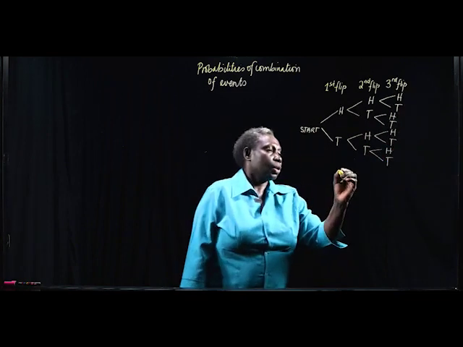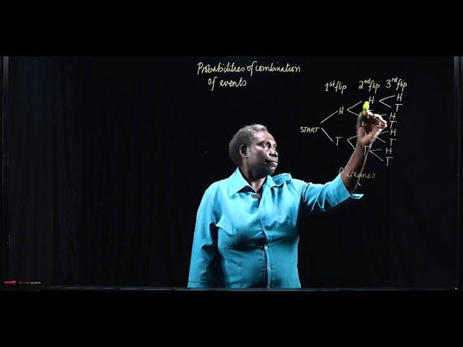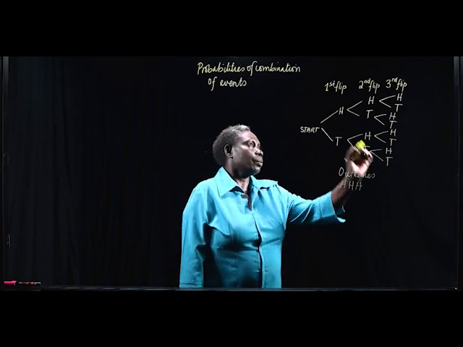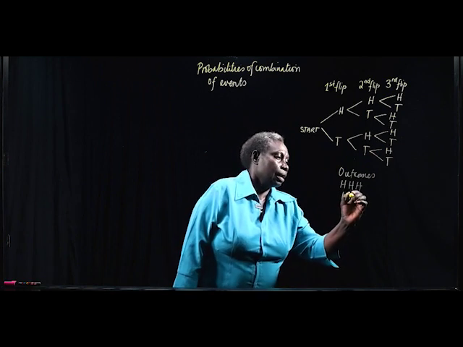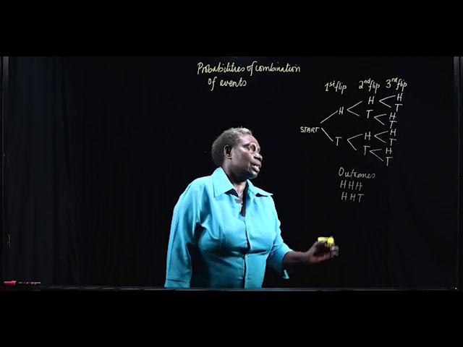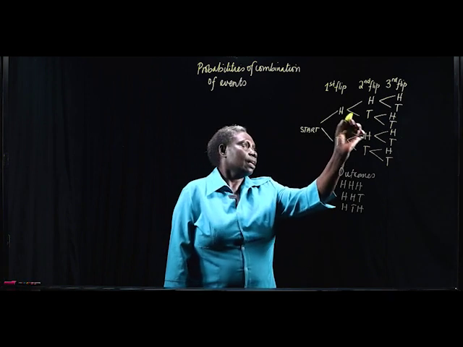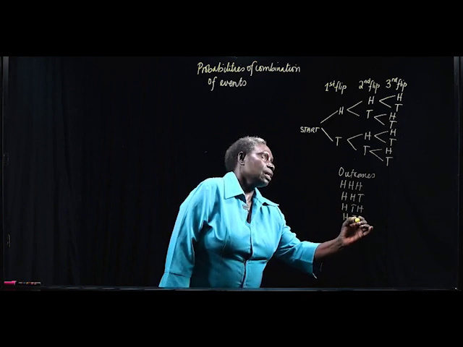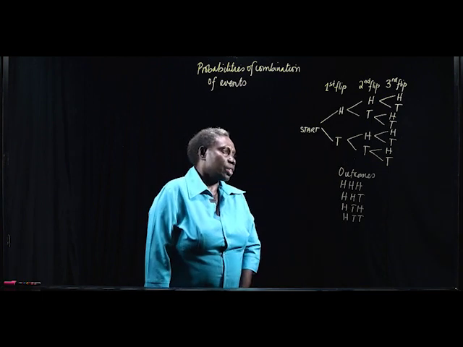Okay, so let's put the outcomes here. The total outcomes: we have the first one, H, H, H. When we look at the next branch, we have H, H, T. Then, if you look at this branch here, we have H, T, H, and then the last branch of the H, we have H, T, T. Now, let's look at the second branch, which is the T branch.